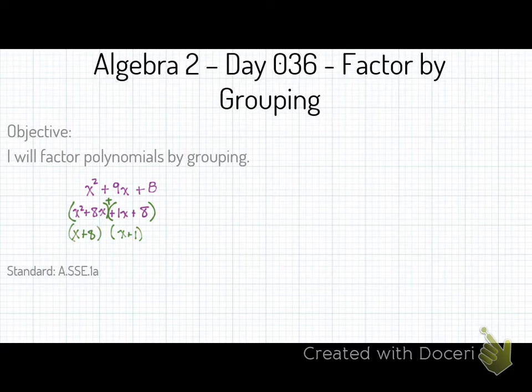So let's say we have something like x cubed plus 8x squared plus 4x plus 1. We're going to do the same exact thing. You see how it's x cubed here? So we could still do this grouping thing. I'm going to talk to you about that today. That's the big idea. Make sense? Okay, cool.